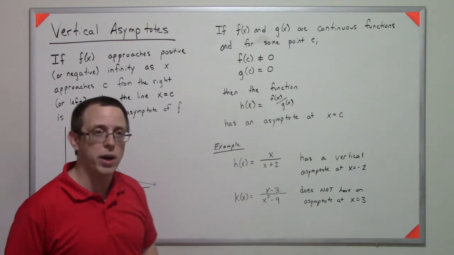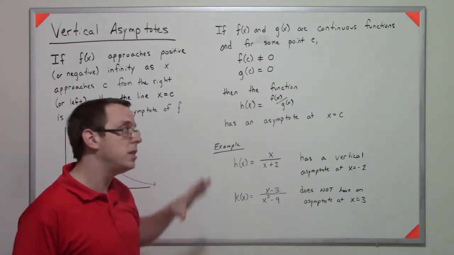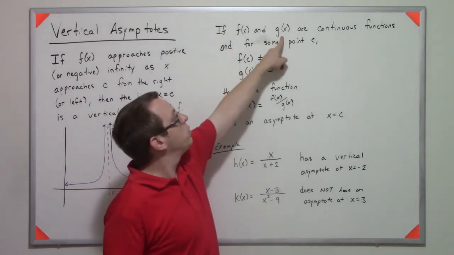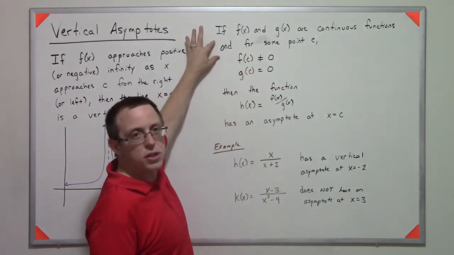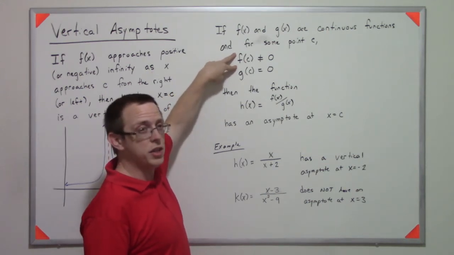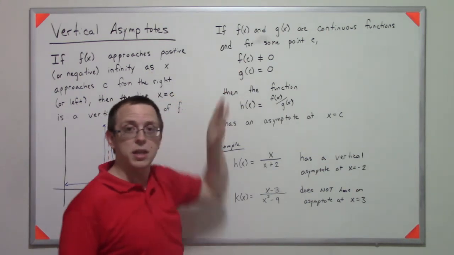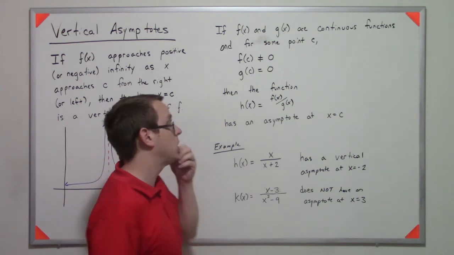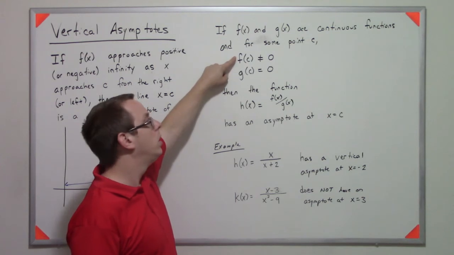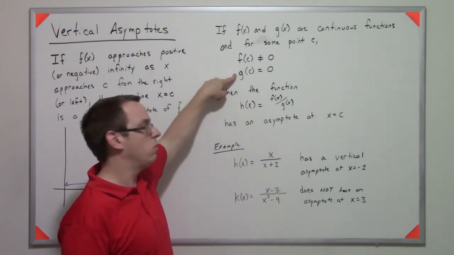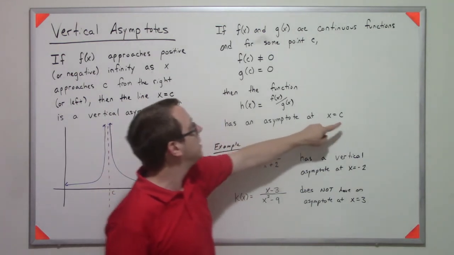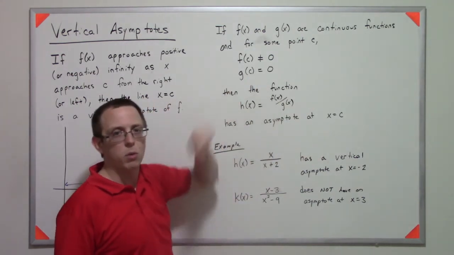Well, one quick way to check, and it's not the only way, is if I have two continuous functions, but at some point one of those functions is not 0 and the other one is. Again, they have to both be continuous functions. Then if I take the one that's not 0 and divide it by the one that is 0, that function will have an asymptote at the point where the bottom one is 0.